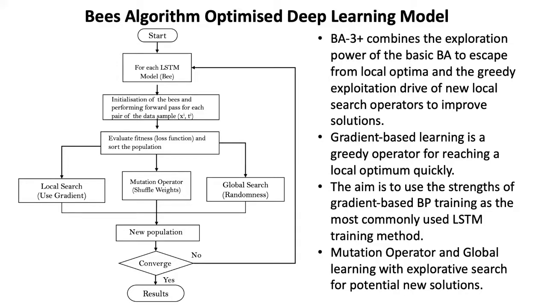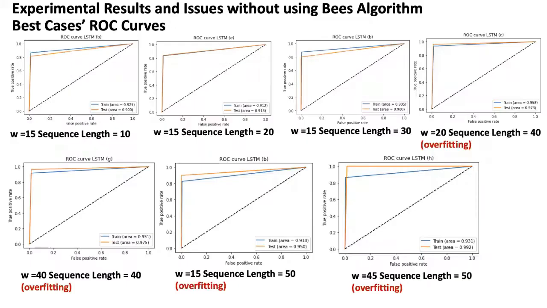We also continue to use gradient-based learning, taking advantage of it as a gradient operator for reaching the local optimum quickly. The aim is to use the strengths of the gradient-based backpropagation algorithm in the most commonly used LSTM architecture. The mutation operator and global search learning are used for explorative search for potential new solutions.